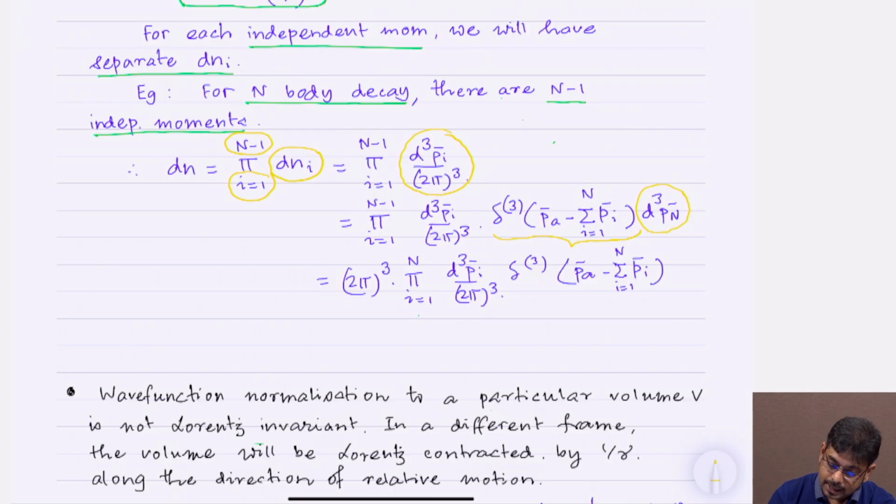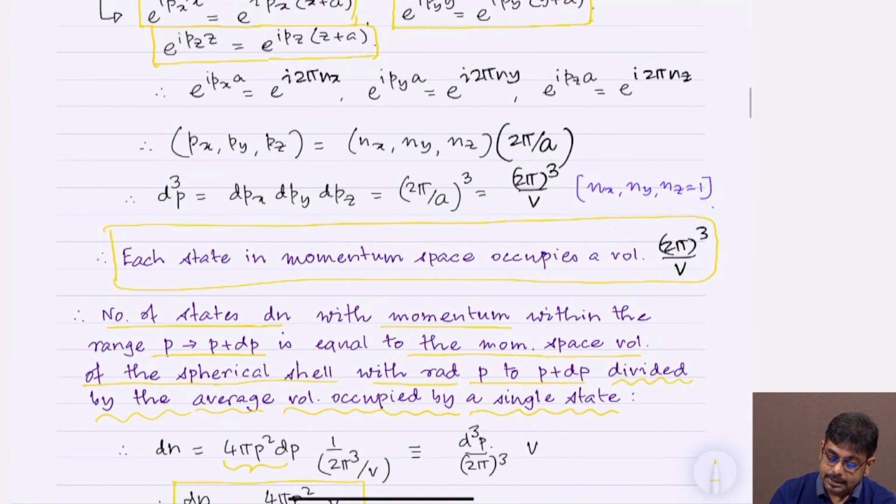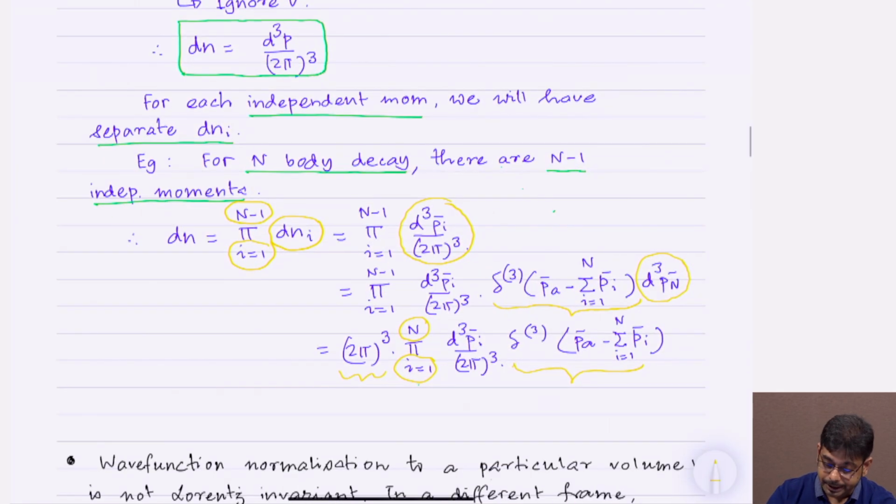Or in other words, this turns out to be (2 pi)^3 times the product over i equal to 1 to n of d^3p_i by (2 pi)^3 with the delta function delta^3 of p_a minus the sum over i to n of p_i. So, this is how the phase space looks after adhering to the fact that each state in the momentum space occupies a volume of (2 pi)^3 by V. This is what happens to the phase space part of the transition probability.